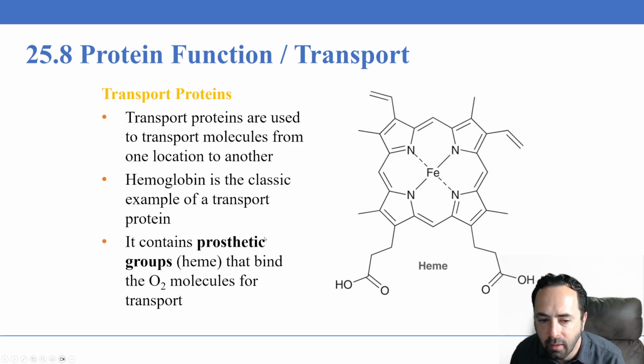This is referred to as a prosthetic group. It's not a protein itself, but it's a cofactor along with the protein that will achieve a particular chemical property. And that's going to be it for proteins.